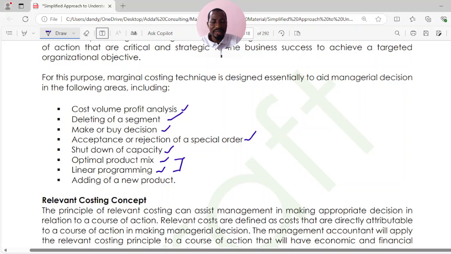But the bottom line is that you are going to need the knowledge of marginal costing for the company to be able to determine the optimal production plan that will maximize contribution for the organization.